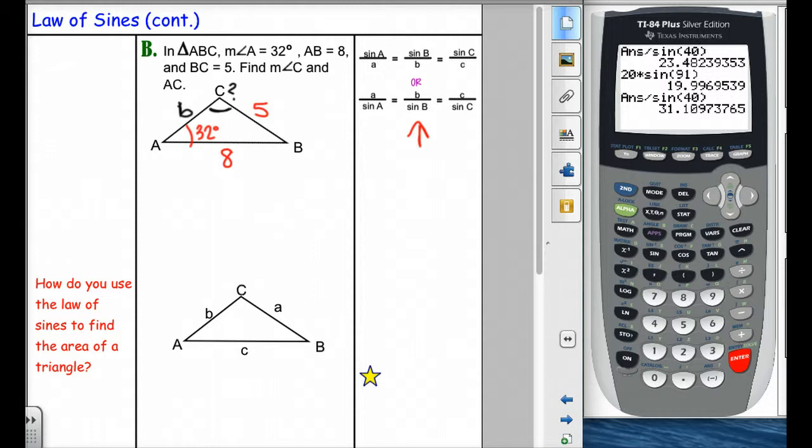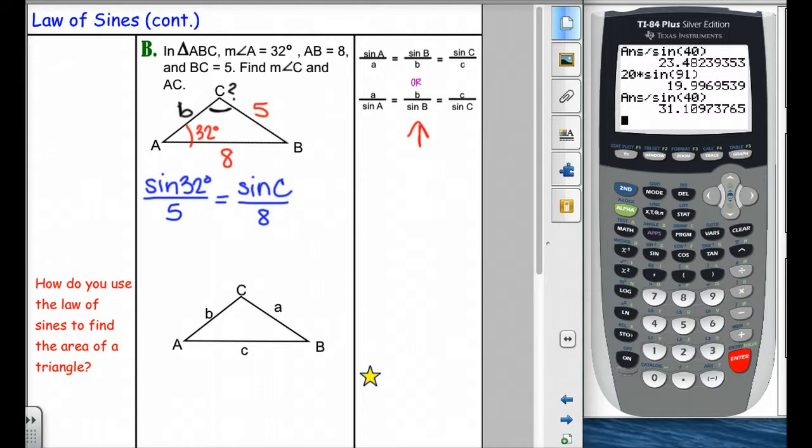So starting off, finding the measure of angle C. I see that the sine of A is the sine of 32 degrees, and side length A, which is across from it, is 5. Because remember, your side length is always across from the angle that it corresponds with. And I don't know the sine of C, but I do know that side length C is 8.